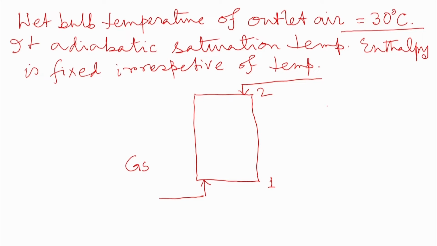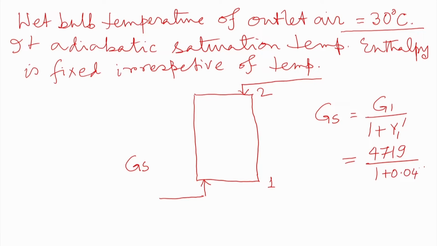GS is equal to G1, the gas flow rate given, divided by 1 plus Y1 prime. The flow rate is given as 4719 divided by 1 plus 0.047, which comes out to be 4507.04 kg per meter square hour.